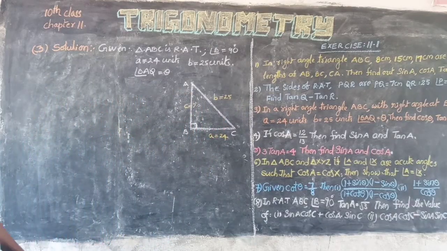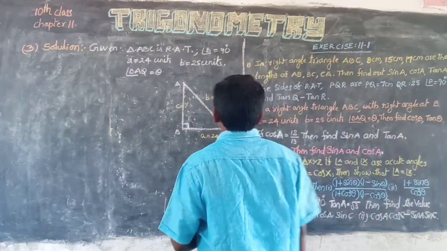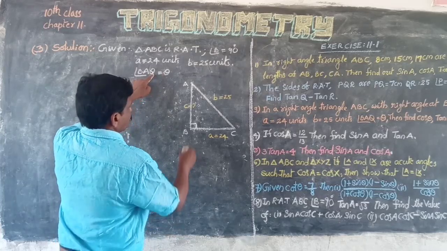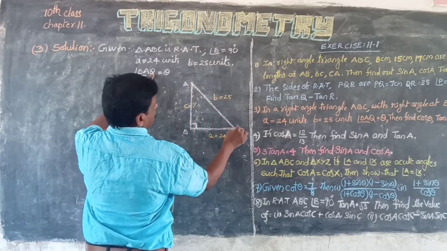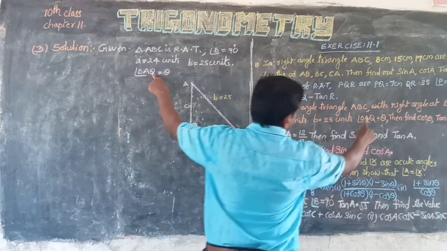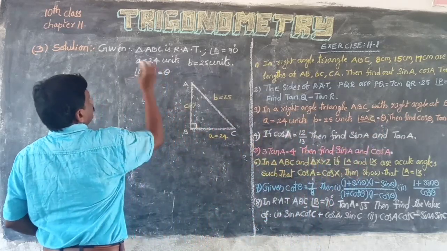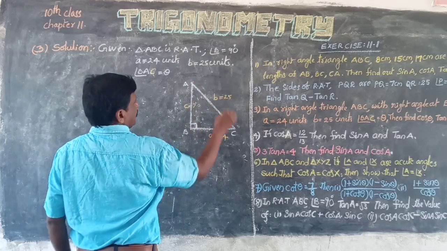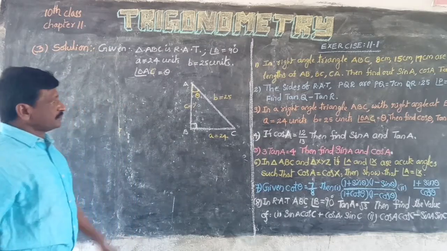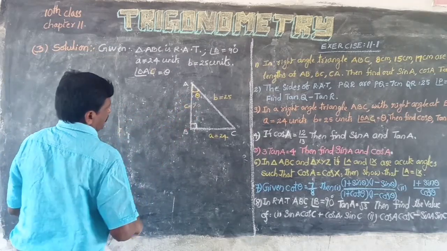We want c. Next we will find cos theta and tan theta. Theta is angle BAC. This is theta.